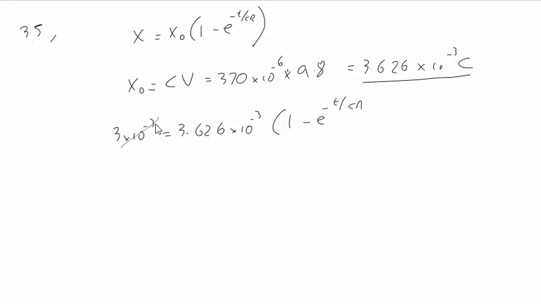So we can cancel the times 10 to the minus 3's, and we have 3 over 3.626 is equal to 1 minus e to the minus t over CR, and 3 over 3.626 comes out at 0.83.